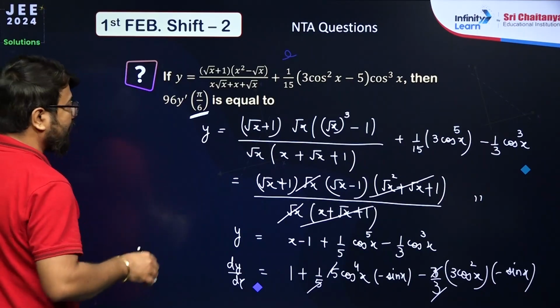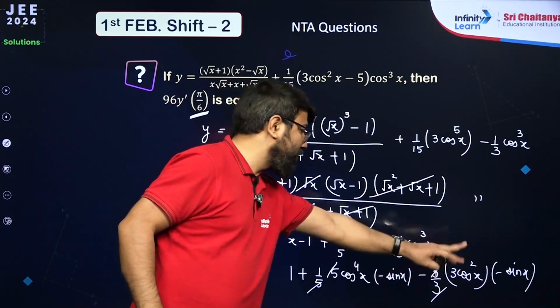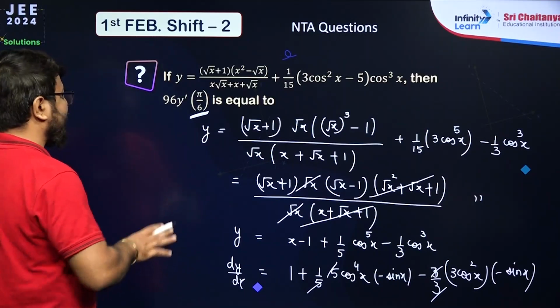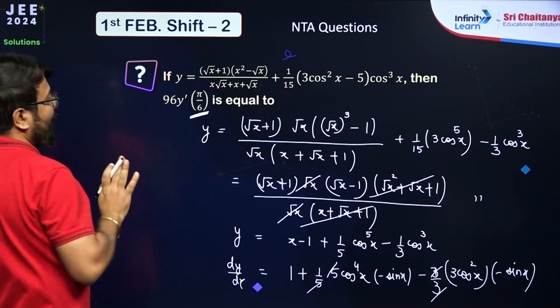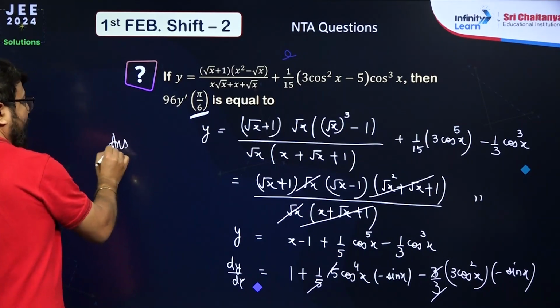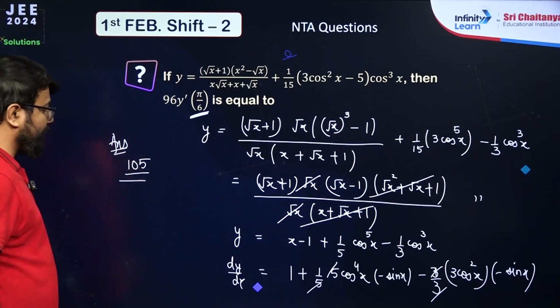Because here everywhere you need to keep the value pi by 6, here also, here also, everywhere. You need to keep the value of x as pi by 6 and then multiply it by 96. So ultimately the answer that we will obtain after the simplification will be 105. So 105 will be the final answer.